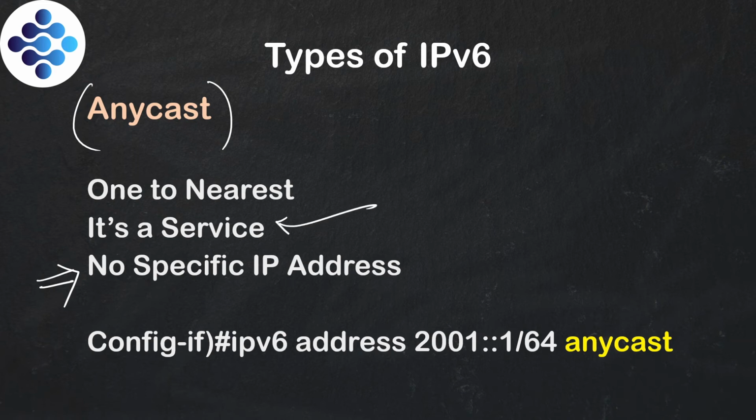So you have to really declare that specific IP address as Anycast. So say you are giving an IPv6 address to some port, and you give the command ipv6 address, you give that specific IP address, and in the end you write anycast. That's it.